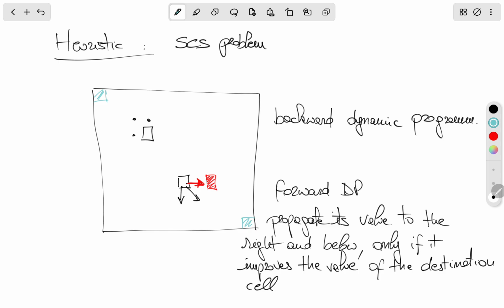This gives me an upper bound on the length of the shortest common supersequence, and I use that upper bound to trim even more the set of vertices that I'm going to visit.